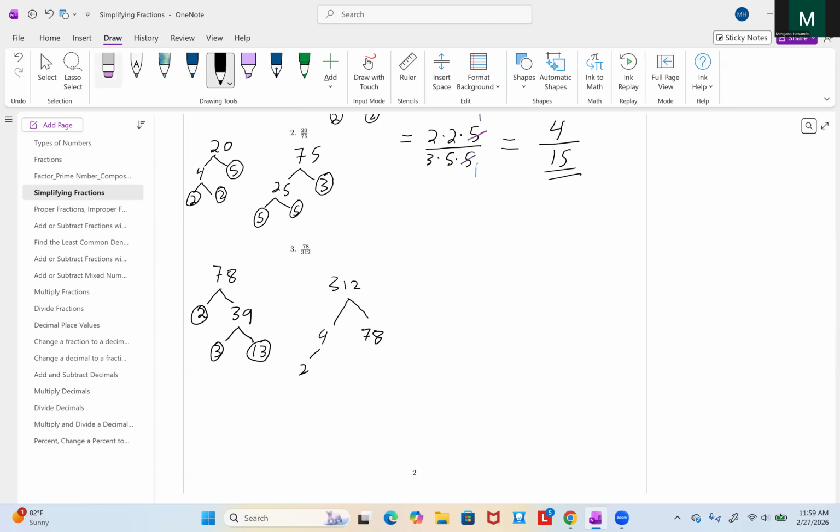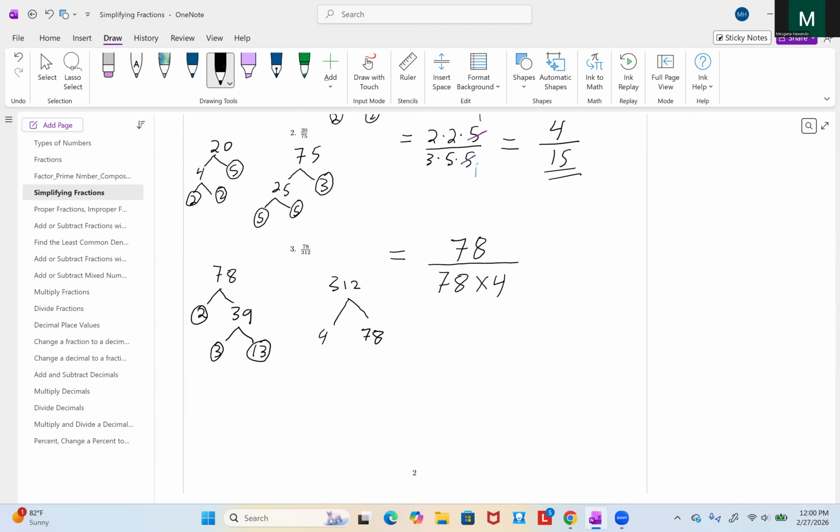So there is a trick here. Now we found 78. So 312 is 4 times 78. So we can do what we can do here: 78 remains as is, because we found 78 is a factor of 312. So we break the 312 into 78 times 4.